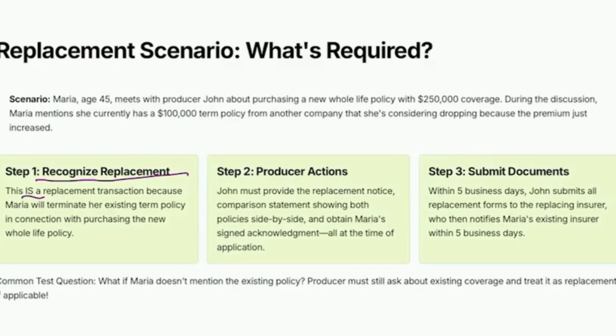Okay. So then you know what actions and steps you must take. So John must provide the replacement notice. When must he provide that? At the time of application.